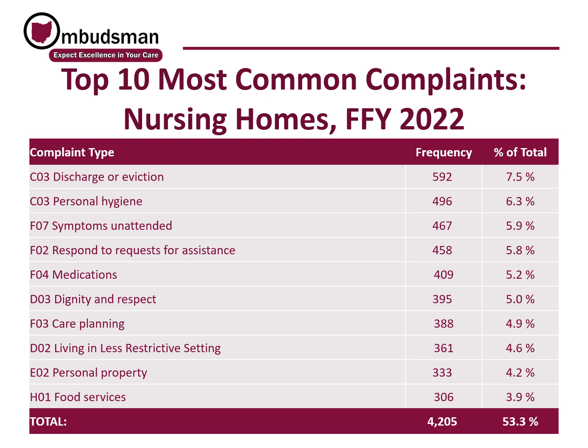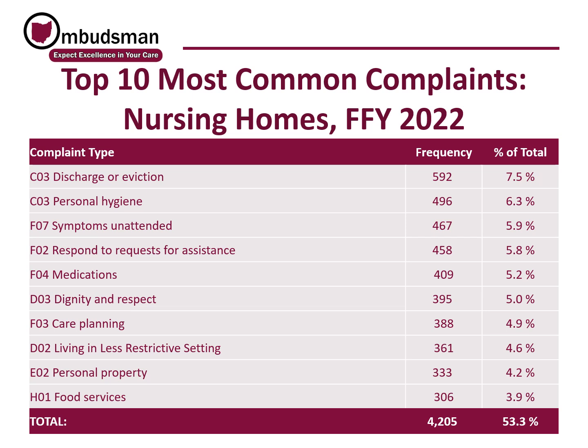It helps us to tell the story of what's happening here in Ohio, and other states also report this too to show what's happening across the nation. So these are our top 10 complaints for this federal fiscal year, but the top 10 complaints vary somewhat each year.